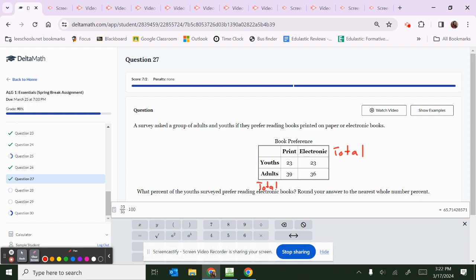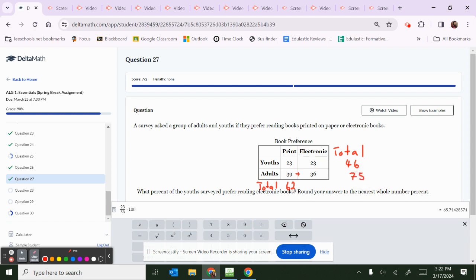Well, 23 plus 39 would give me 62. What's the total amount of youths? I will do 23 plus 23, which would be 46. What's the total amount of adults? 39 plus 36, which would be 75.